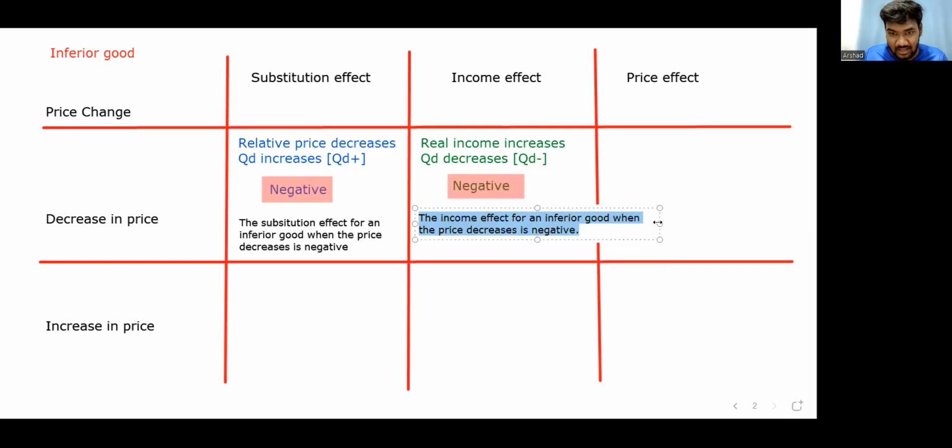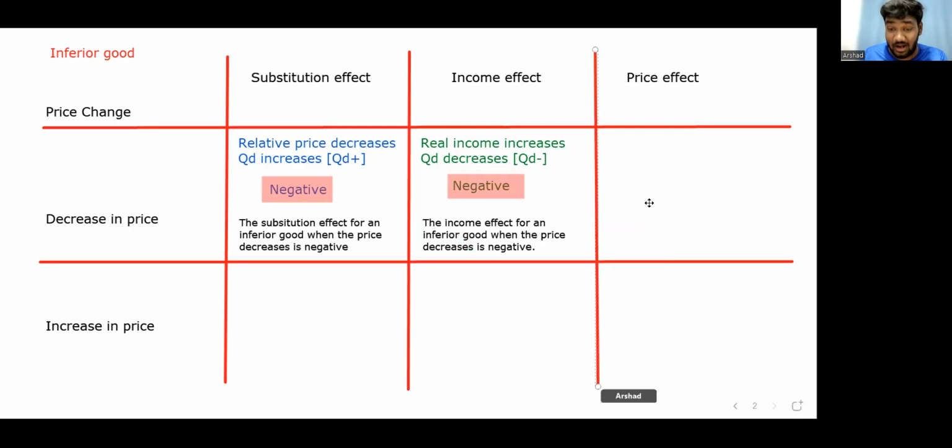Right? Now, guys, you will see a very nice situation over here when it comes to price effect. Now, I said price effect is a combination of, right? We're talking about a price decrease.